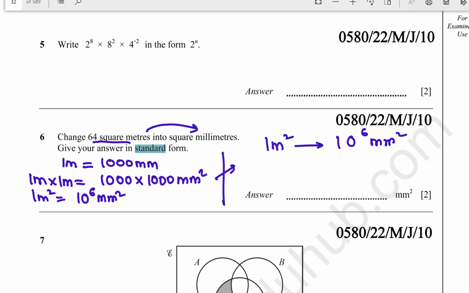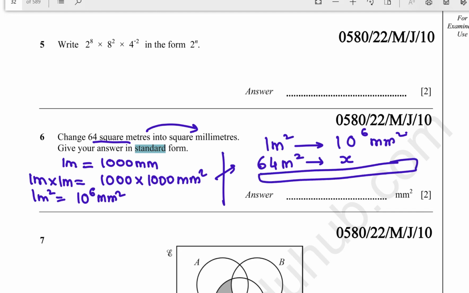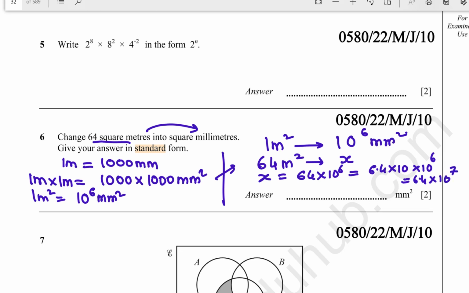So 64 square meters is equal to x. So x is equal to 64 into 10 raised to 6, which is 6.4 into 10 raised to 1 into 10 raised to 6, which is equal to 6.4 into 10 raised to 7. So the answer in the standard form is 6.4 into 10 raised to 7.